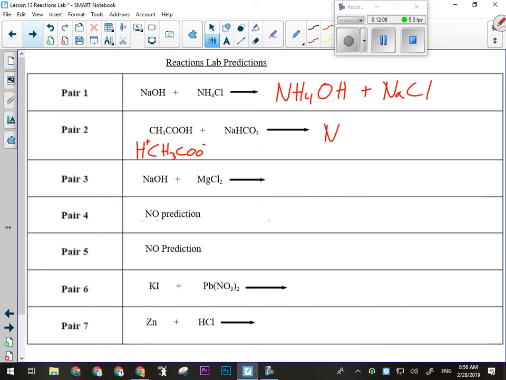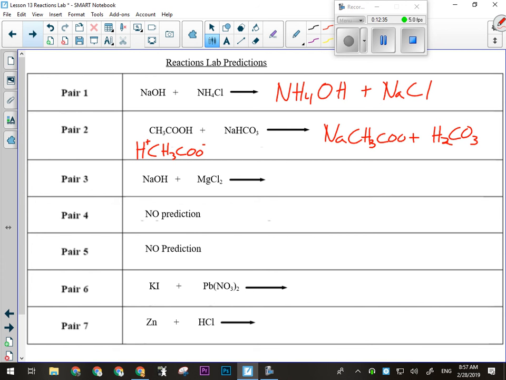So what I should see is something like this: sodium acetate, and I should see hydrogen carbonate. If it's a true double replacement reaction, that's what I should see. And that is also balanced.